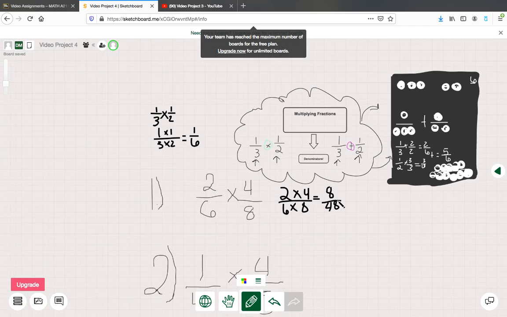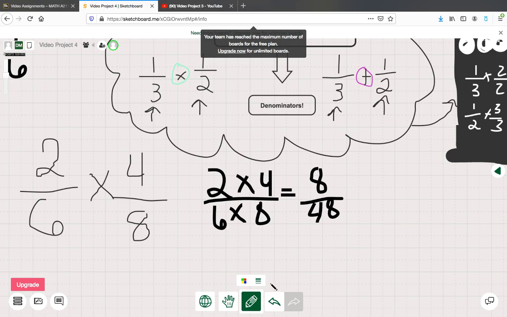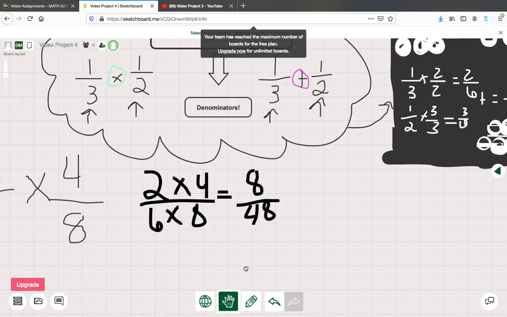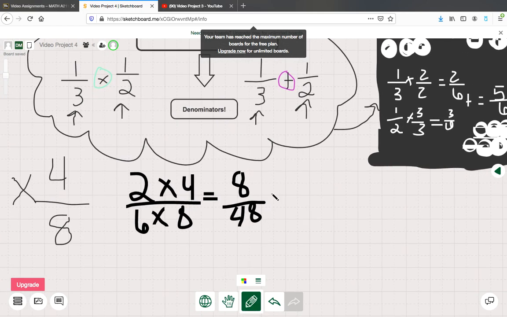And it looks like we can simplify this. 8 goes into 48 6 times. So that's going to turn into a 1, and this is going to turn into a 6. So 1/6 is our answer.